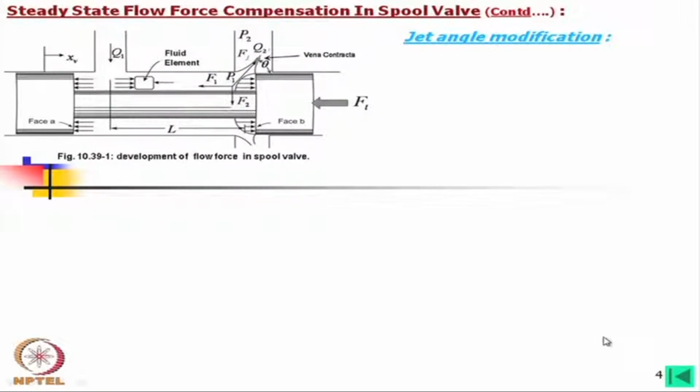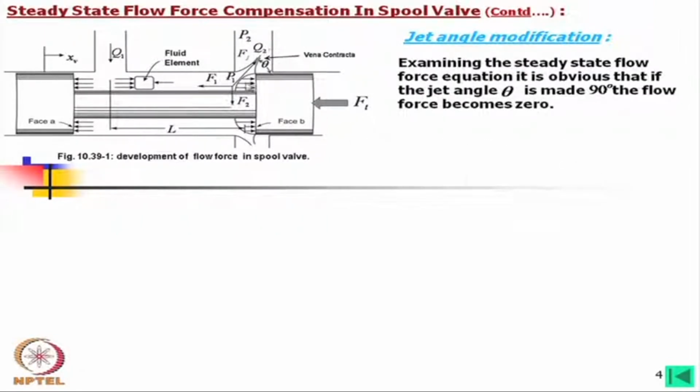Now, one is jet angle modification. Say for example, if we can make this angle 90 degree, that means it is going straight in the upward direction, then definitely there will be no component in this direction, and one can see this. You may ask about F2, F2 will be there, F2 will be large, but F2 is uniformly distributed over the circumference.